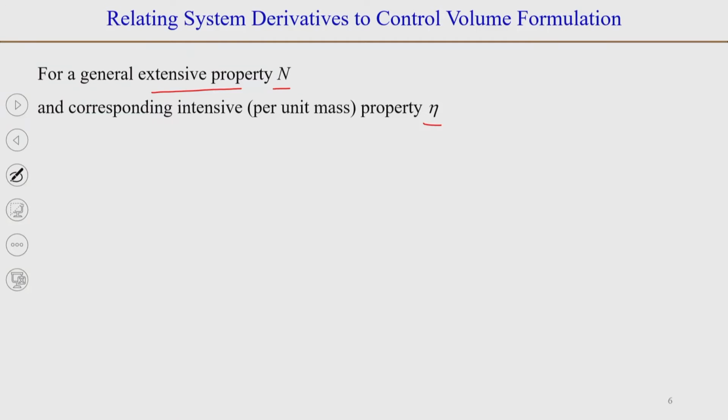So, we define in general an extensive property which we call N, and the corresponding intensive property is eta, which is N by m.